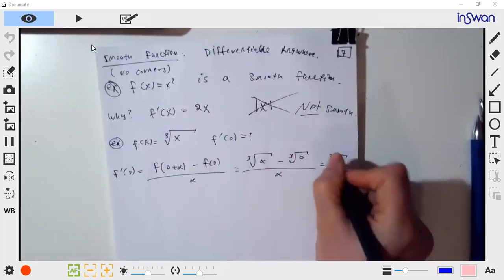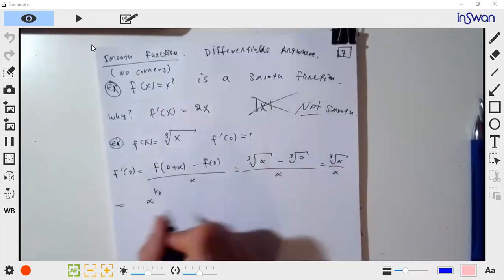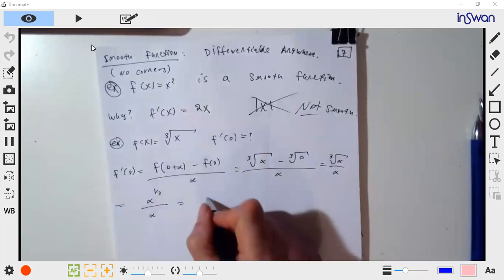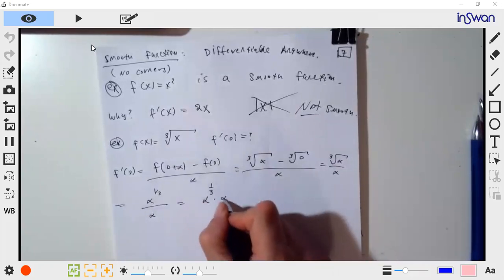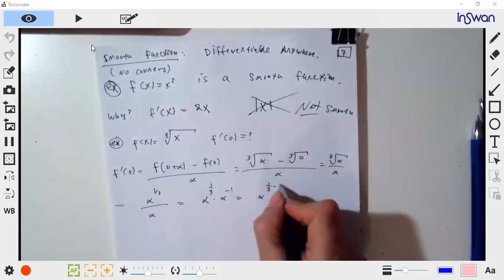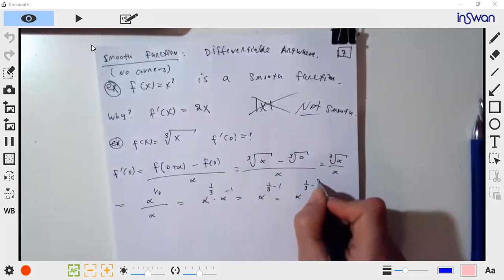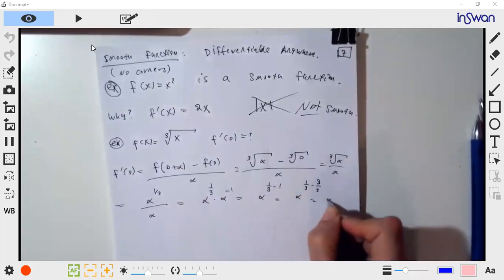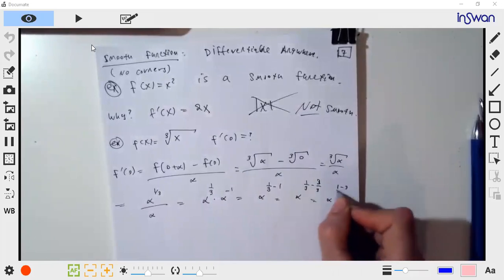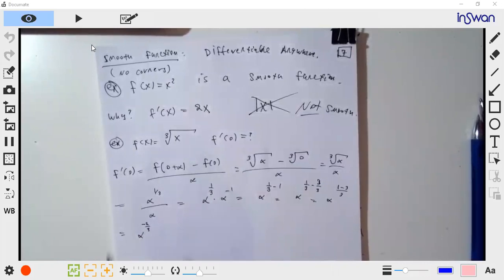This is the cube root of alpha all over alpha, which is alpha to the 1/3 power times alpha to the -1 power. This is alpha to the 1/3 minus 1, which is alpha to the 1/3 minus 3 all over 3, which is alpha to the -2/3 power, which is the same thing as 1 over the cube root of alpha squared.